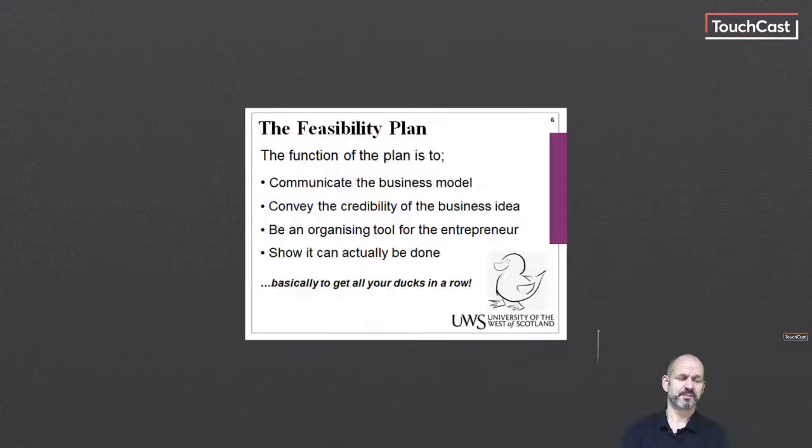There are a number of different types of plan used in the context of business. However, the most common of these are strategic plans, business plans and feasibility plans. Strategic plans set out the long-term focus of the business. Business plans focus on the operational issues, and feasibility plans highlight whether an idea is doable or not.